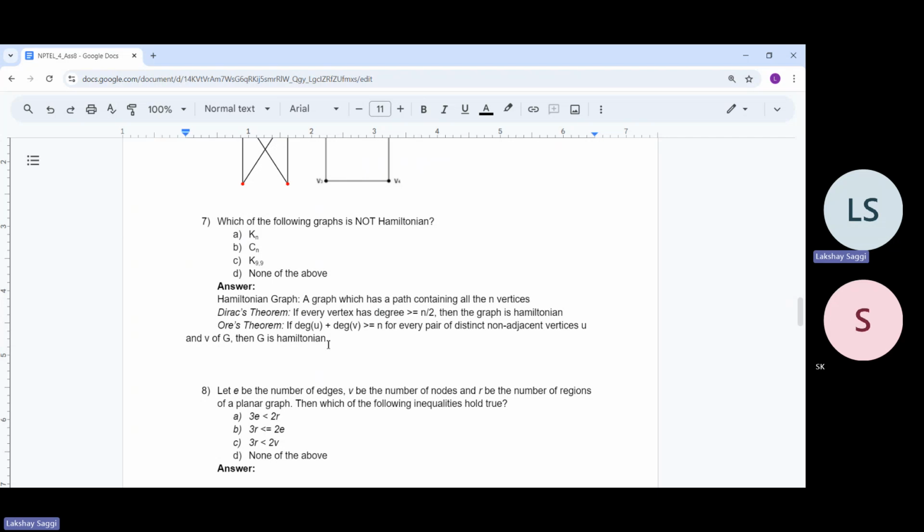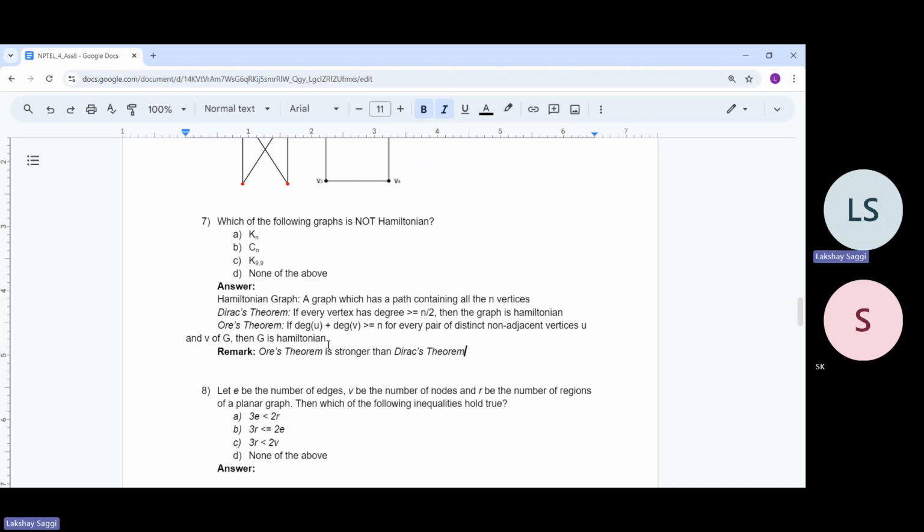So just as a remark, Ore's theorem is stronger than Dirac's theorem.